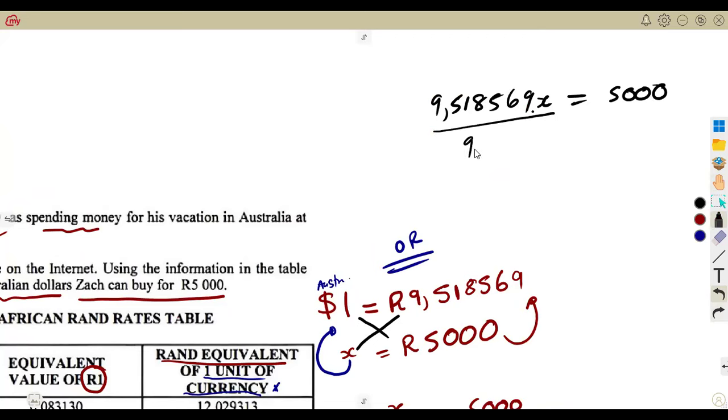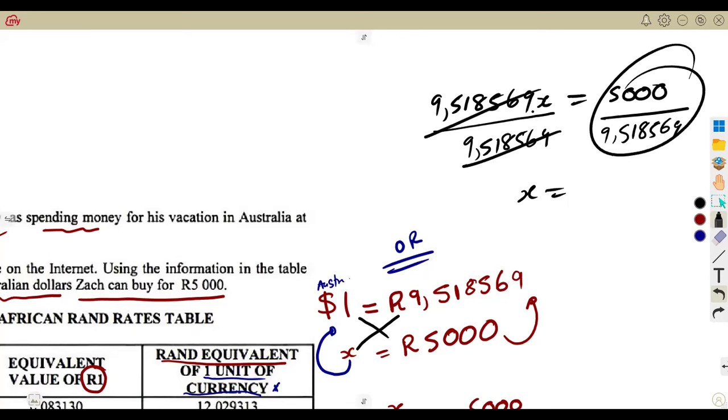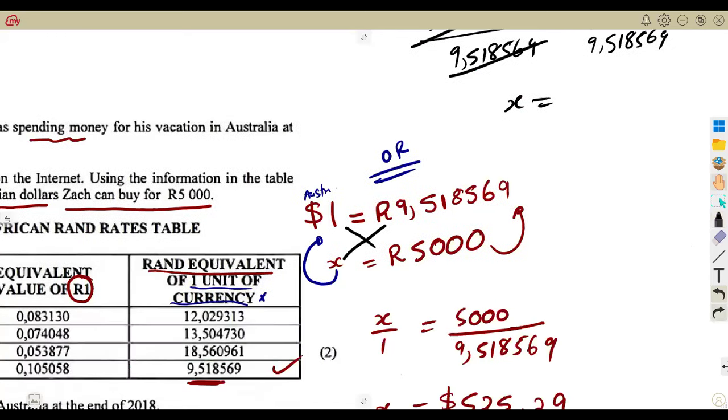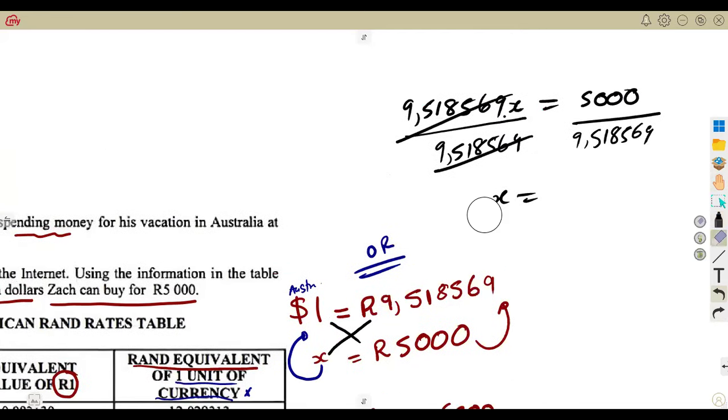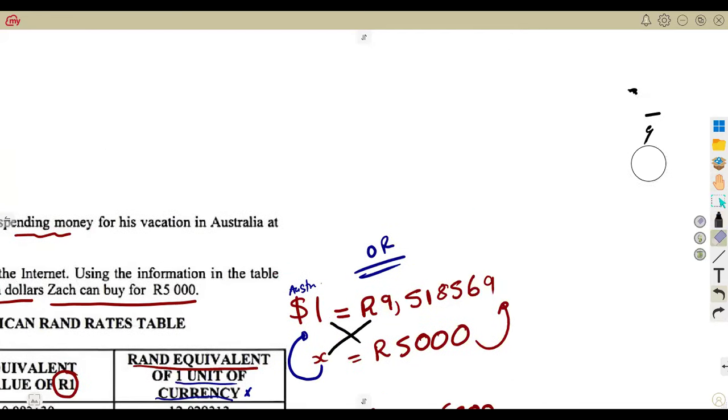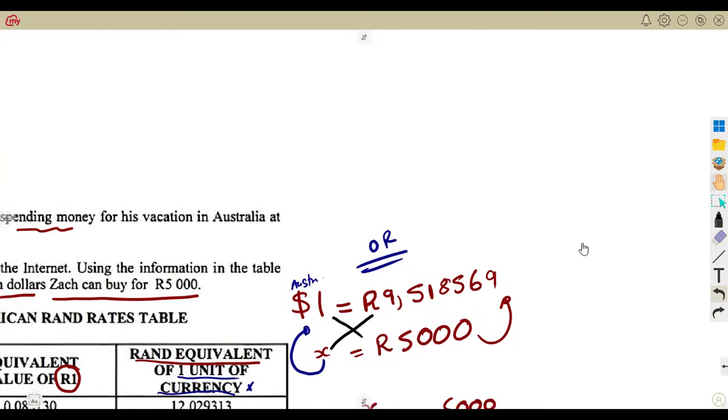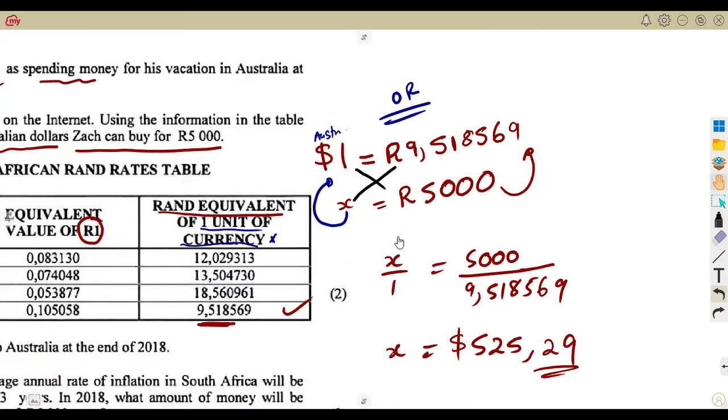How do you solve this? You divide both sides by 9,518,569. By dividing both sides, you're going to obtain x, which is the same scenario as this one, so we're going to have the same value of x. So how to solve a proportion, I leave that in your hands. You choose the way that you understand, guys. All right, so that is it, guys.